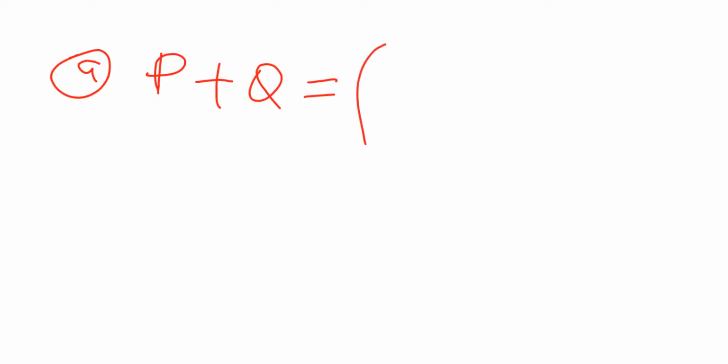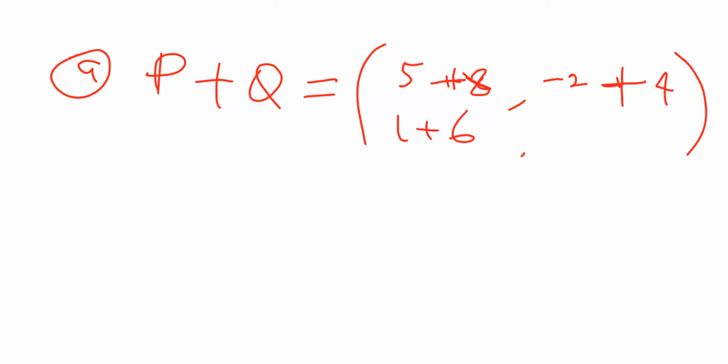The first one, 5 of matrix P plus 8 of matrix Q, comma, minus 2 plus 4. That's the first part. Second part, 1 plus 6.